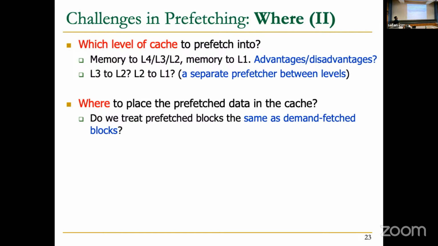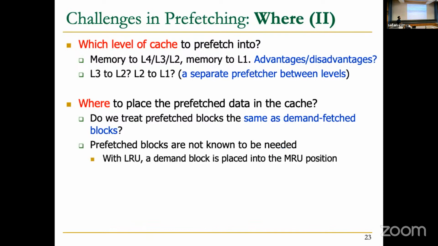The second question is, if you have decided to put the data inside the cache, what I just alluded to before: do you treat it with the same priority as demand-fetched data, or would you have a different priority for these?